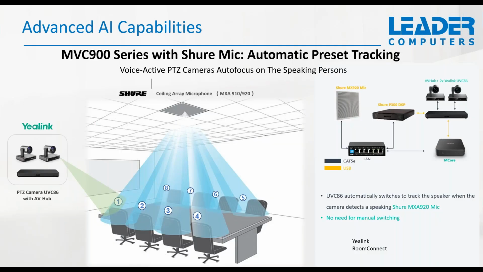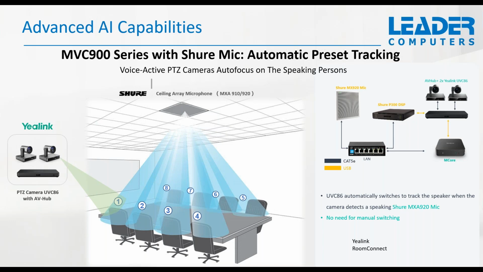All right, guys, quickly, I know I'm running out of time here. I'll quickly go over some of the AI features that are kind of new to the Yealink kits. They've built in and partnered with Shure mics to be able to use AI technology to pinpoint and track speakers based on mic arrays that are built into the Shure mics.